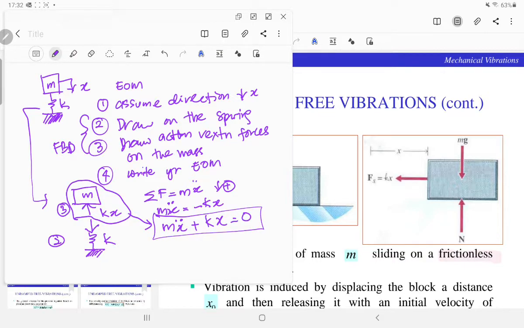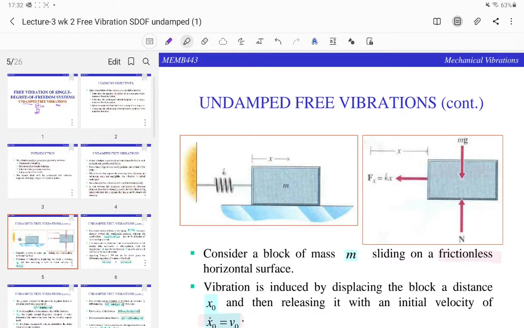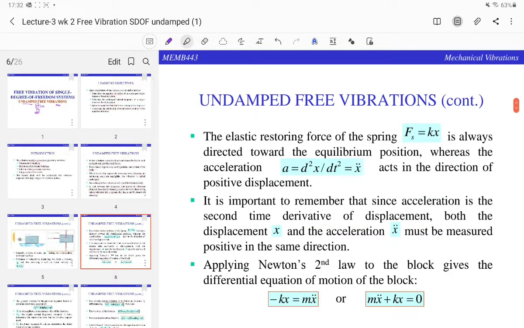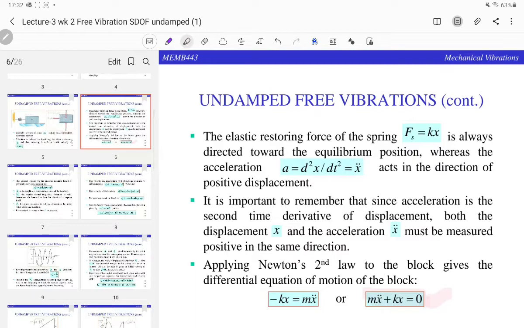These are the steps on how you write your equation of motion, along with the steps for the free body diagram. Let us take a look at the notes here. That is how you derive this equation. You should be able to follow the steps, so that later, when you have a more complicated system, hopefully you can derive the equation of motion.